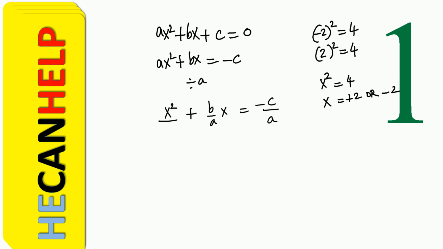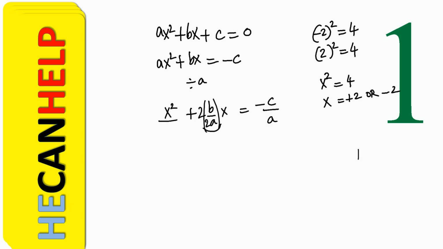All right. To complete the square, what is the coefficient of x? It is b over a. What is 1/2 the coefficient of x? It is b over 2a. So to get to b over 2a, we multiply and divide by 2. So b over a is our coefficient.